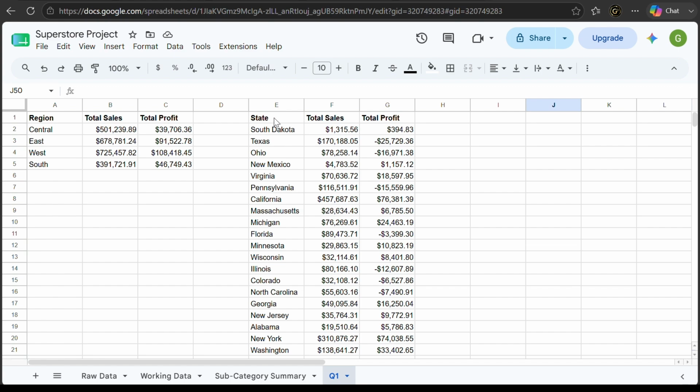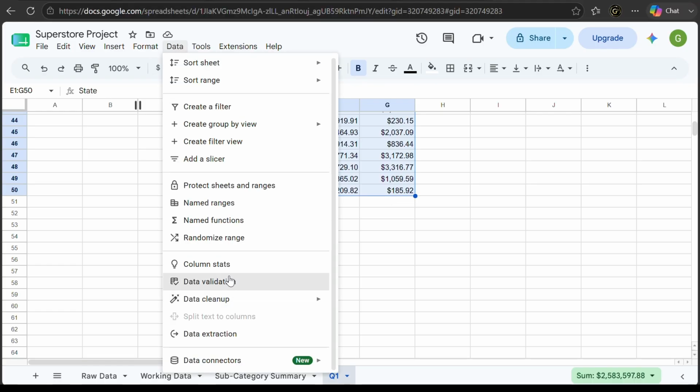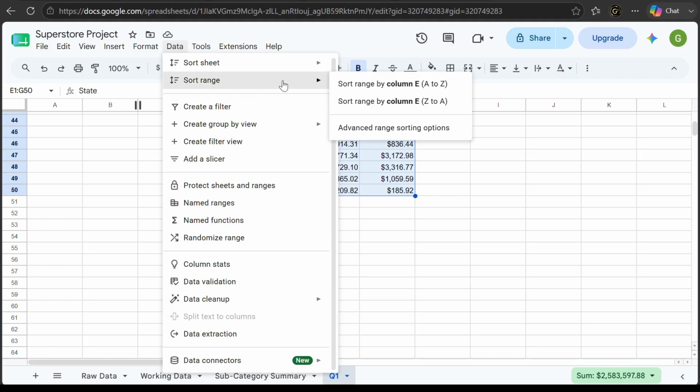So let's try to do something. Let's highlight all of this table so that we can make a few observations. Now then I'll come to data. I want to sort. Yeah, I'll come to sort range, right?